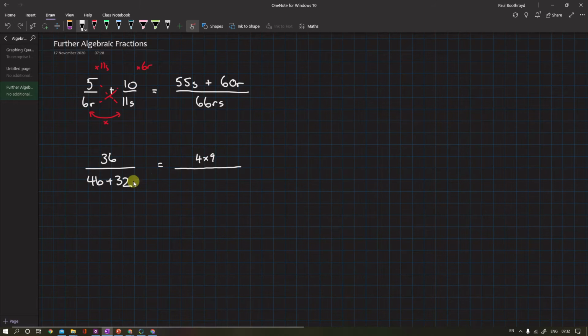The denominator, we can take a 4 outside of the bracket, multiply it by b, and add on 8. Because the 4's now can be almost written as a separate fraction, because it's just one fraction multiplied by another fraction now. This fraction cancels down to 1, and we're left with our result, which is 9 over b plus 8.